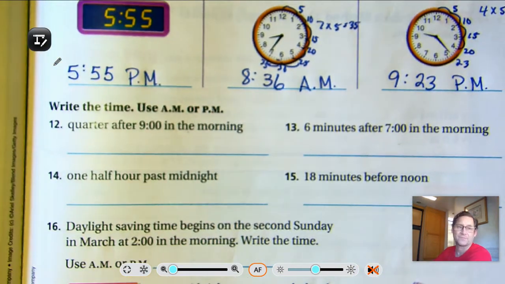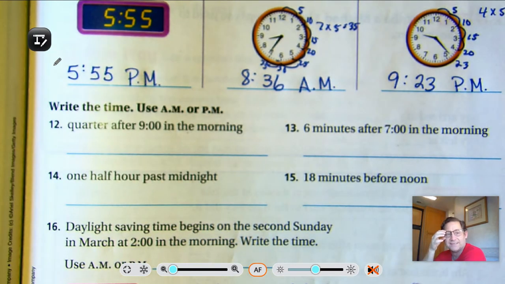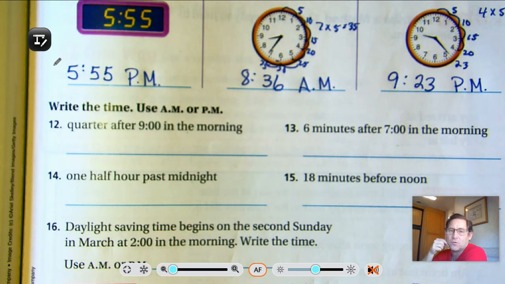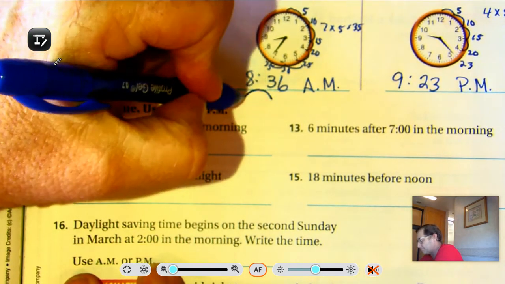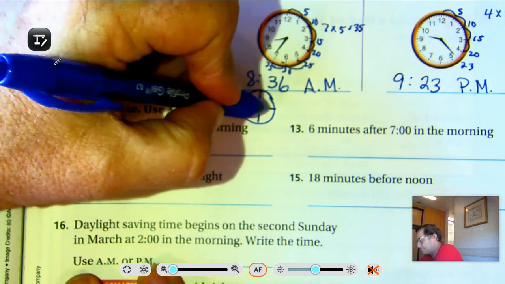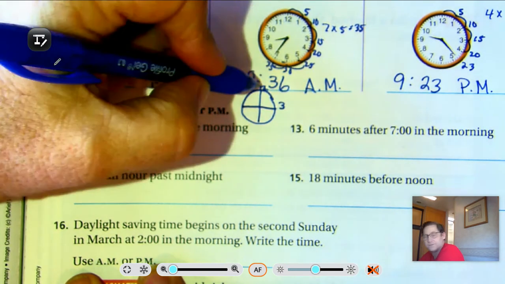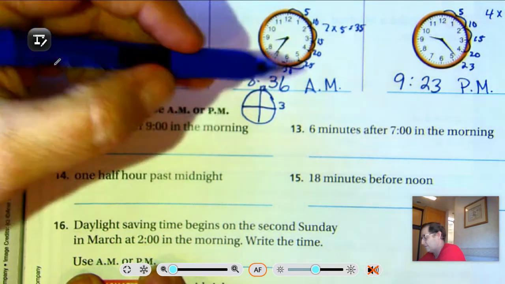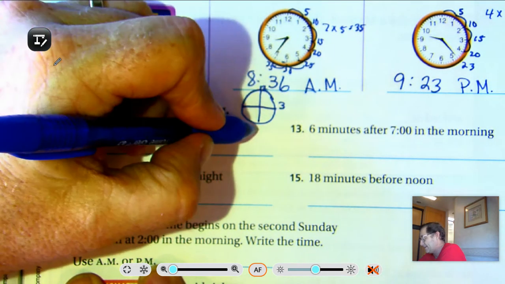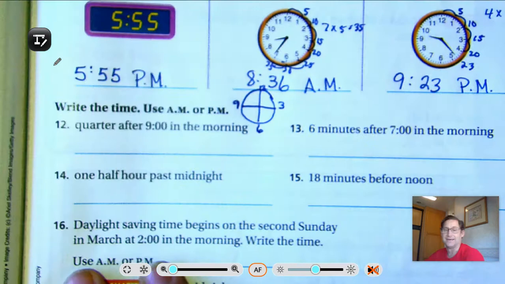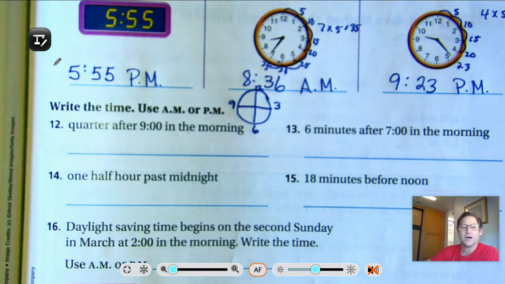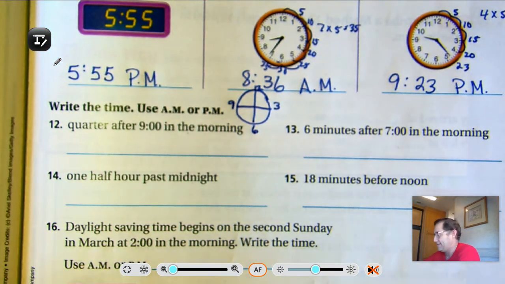There's daylight. All right, write the time using AM or PM. 9:15 in the morning. So on a clock, there's 4 quarters. On the hour, at like midnight or 12 noon, 3, 6, and 9. So a quarter after 9.